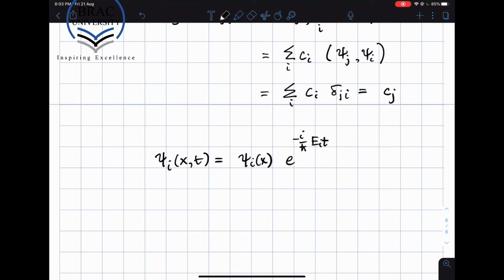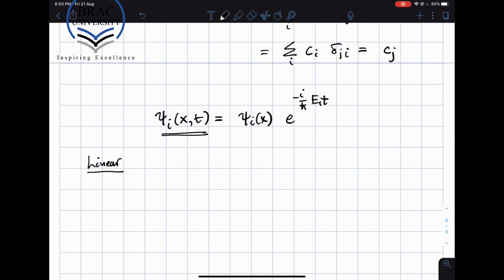Now, remember that this is a solution to Schrödinger's equation, the time-dependent Schrödinger equation. But remember that Schrödinger's equation is a linear equation. So if it's a linear equation, any linear combination of its solutions will also be a solution.